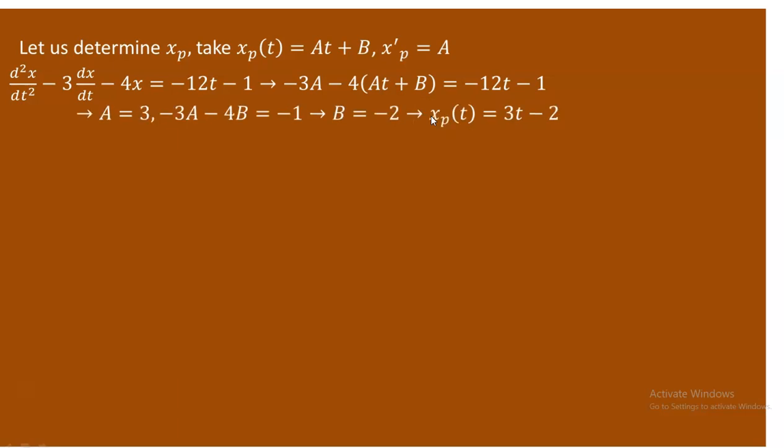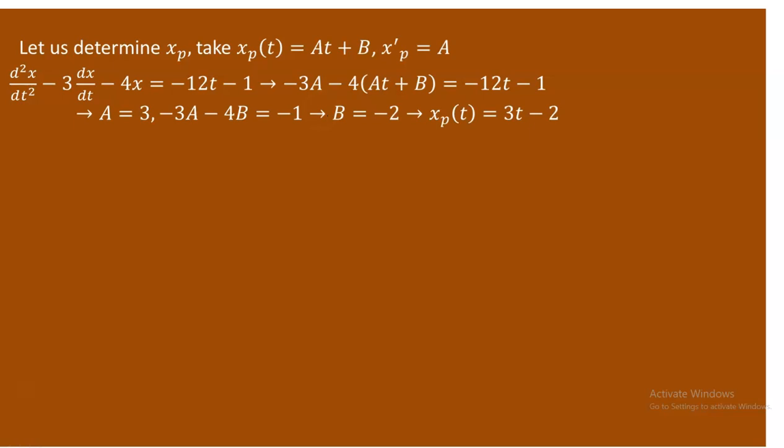From this we can determine the values of a and b clearly. A comes 3, because for the coefficient of t, negative 4 times a is negative 4a, and this has to match with negative 12. And a comes 3. Here the constant, minus 3a minus 4b, must match with minus 1, and since a is already determined, this will be minus 9, so bringing this to the right, 8.